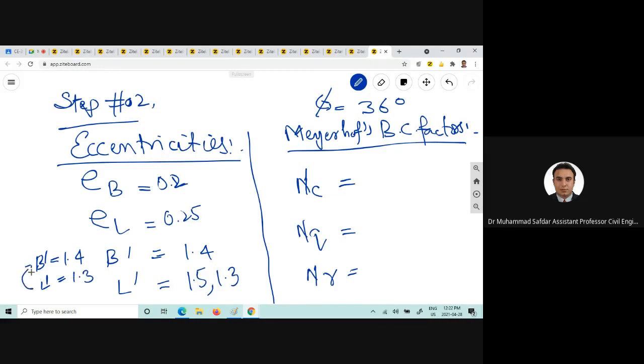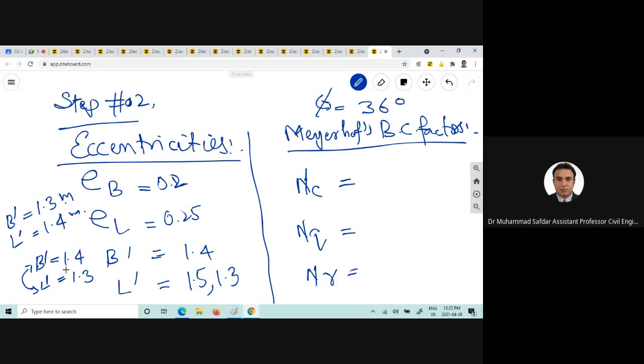Now we need to swap these values because B is the width of the foundation. So B prime will be equal to 1.3 and L prime would be equal to 1.4. Is it clear? Yes, sir. Okay, so you need to swap these values.